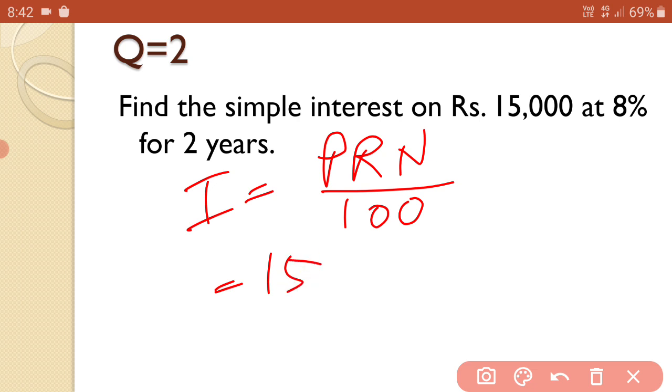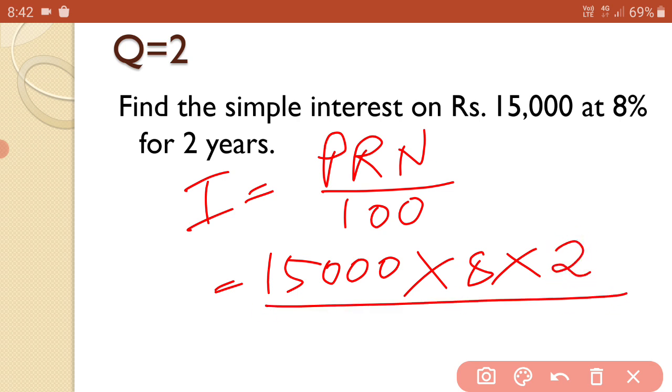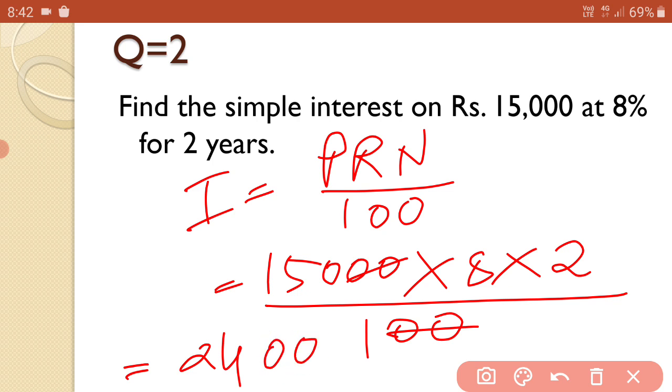P is equal to 15,000, R is equal to 8%, 2 years upon 100, 20 cut. Final answer 2400.